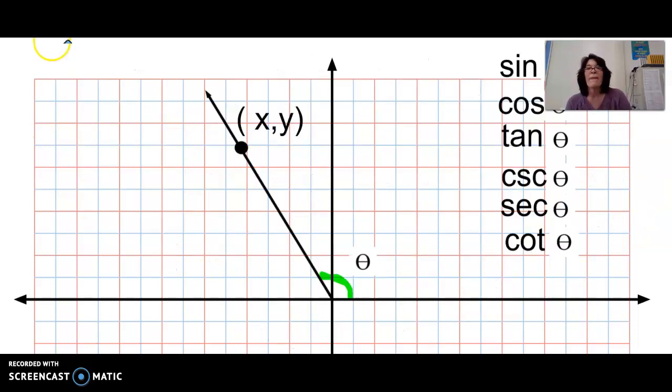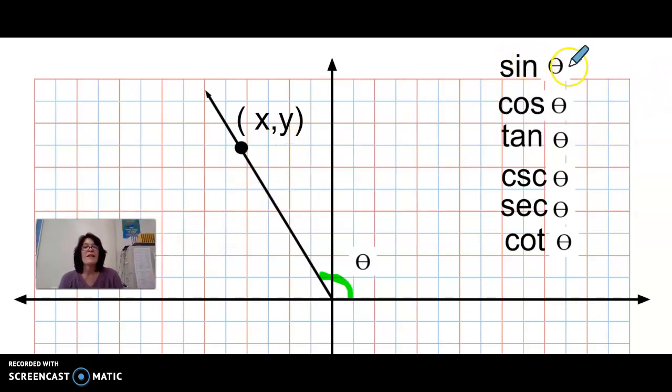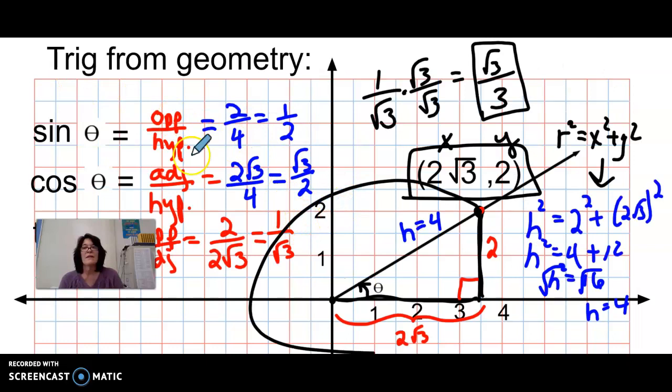Okay, so we are redefining this. The sine of theta is now not going to be opposite over hypotenuse. The sine of theta is going to be y over r. Okay, let's go back. What did we get? We got 2 over 4. That ended up being our y coordinate over what we got for our hypotenuse. It's y over r.